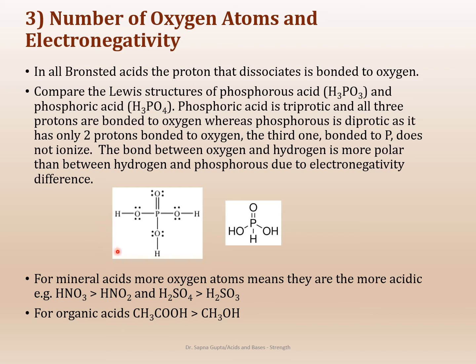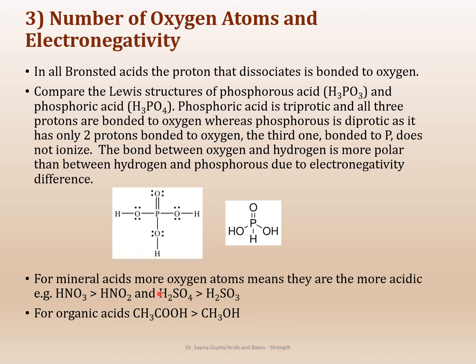The triprotic nature of H3PO4 comes from the fact that the 3 hydrogens are attached to the oxygen. The diprotic nature of phosphorus acid, even though it has 3 protons, comes from the fact that only 2 of the hydrogens are attached to the oxygen. The third hydrogen is actually bonded to phosphorus, which is not such a polar bond. The bond between hydrogen and oxygen is more polar. So therefore, phosphorus acid becomes a diprotic acid and not a triprotic acid.